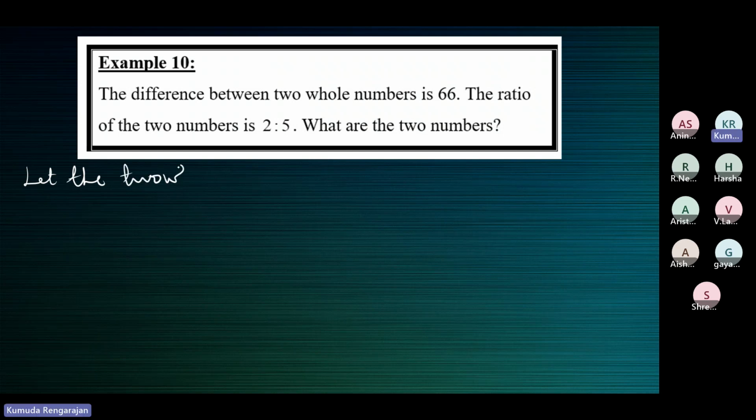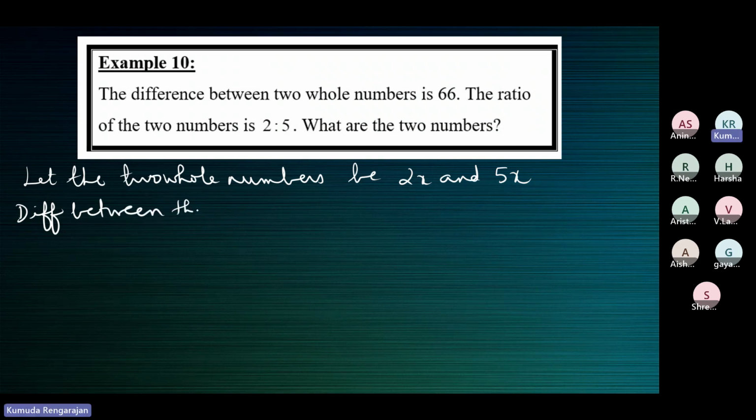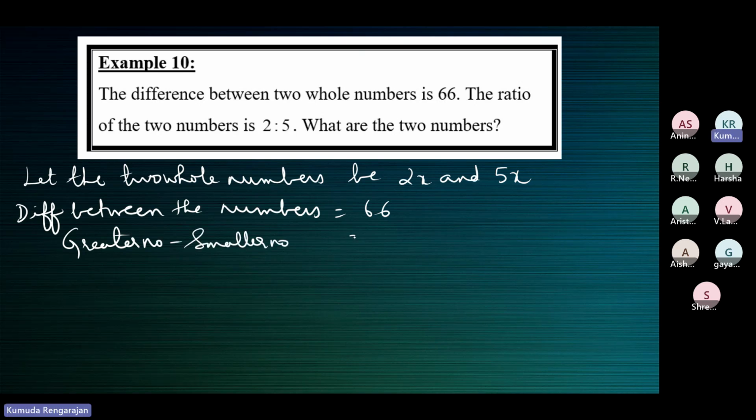Let the two whole numbers be 2x and 5x. Difference between the numbers is equal to 66. That means greater number minus smaller number is equal to 66.